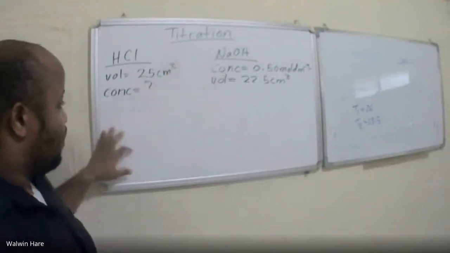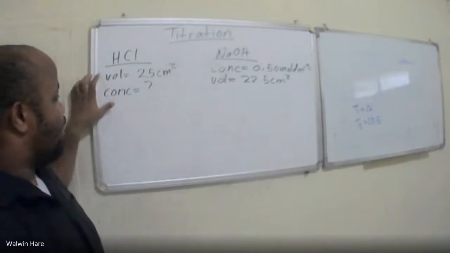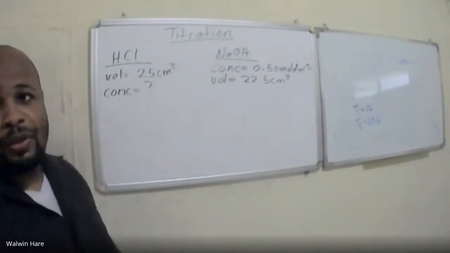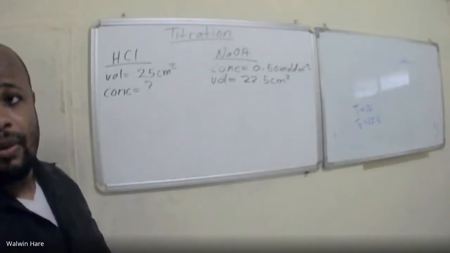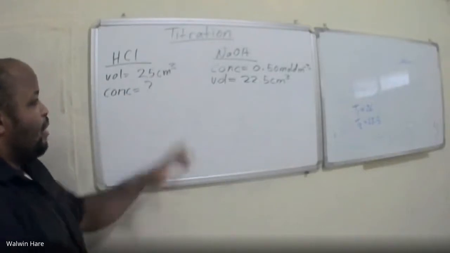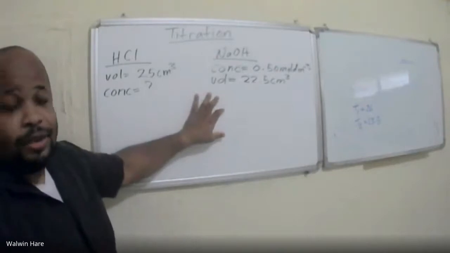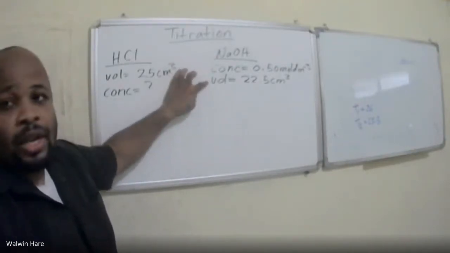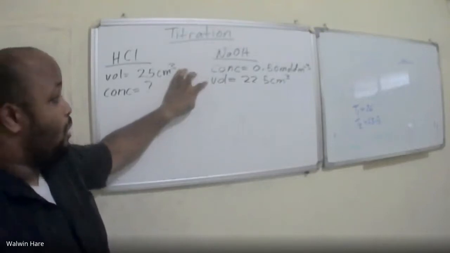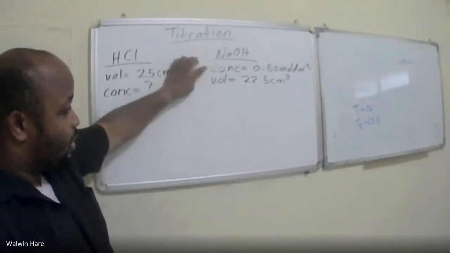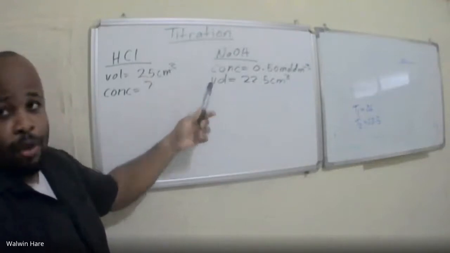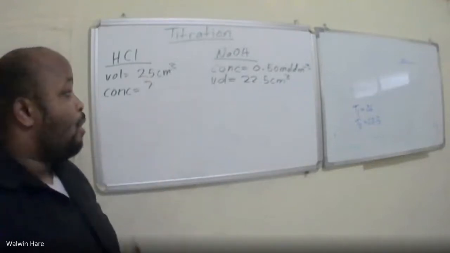And for the next one, you will only get the volume and be asked to calculate the concentration. Whichever substance you get the concentration and the volume for, you will calculate the number of moles.